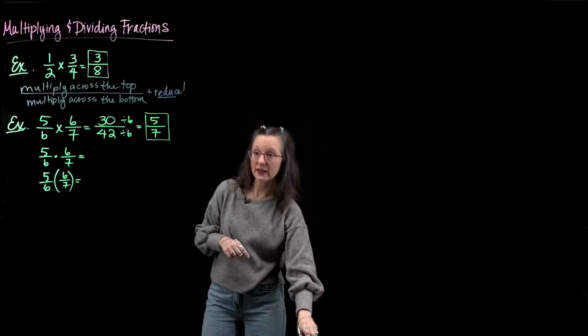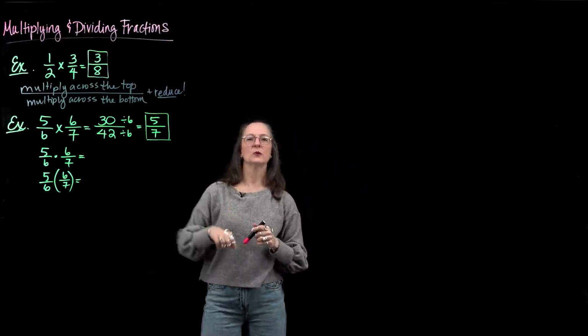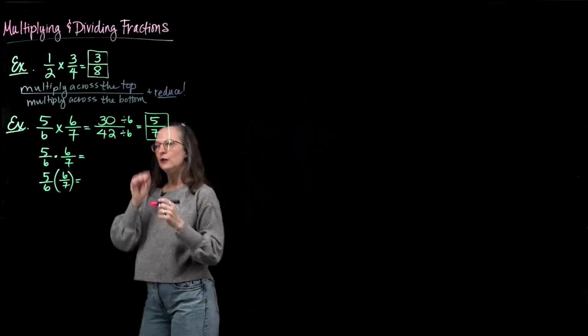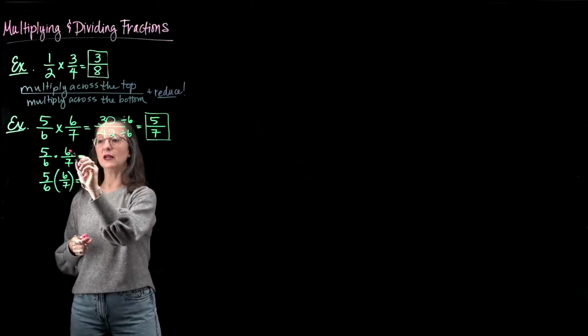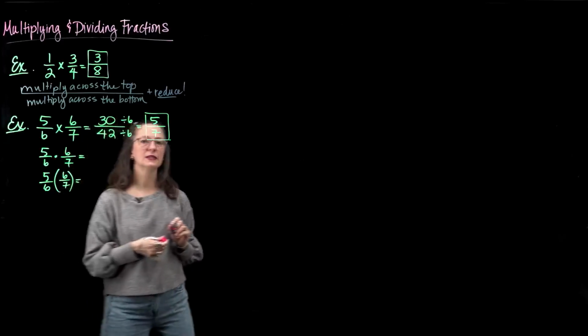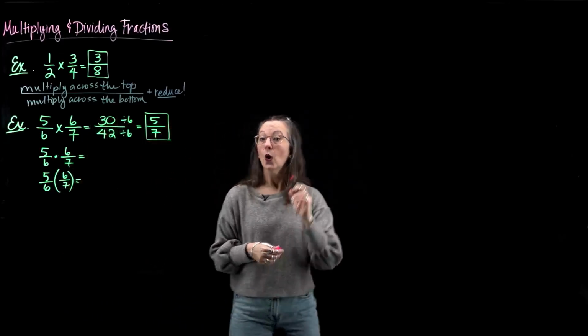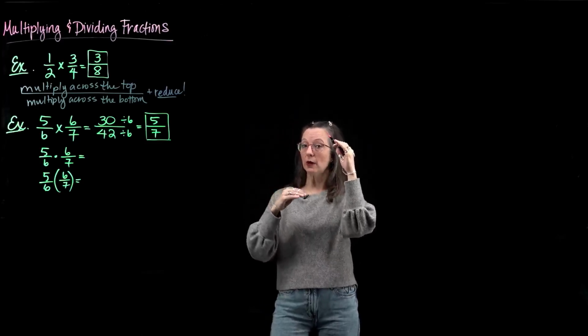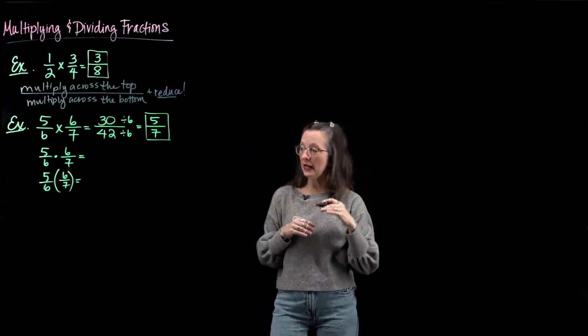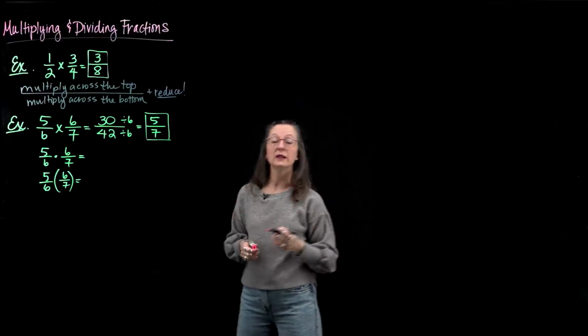Now let's look back at this problem. Maybe we'll use one of my alternate ones here. Notice that from the beginning, we had a 6 on top and a 6 in the denominator. When you have the same number in the numerator and the denominator, we can cancel those.